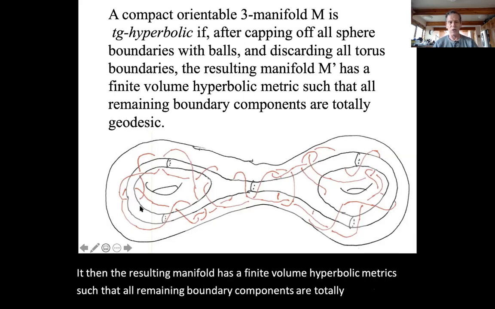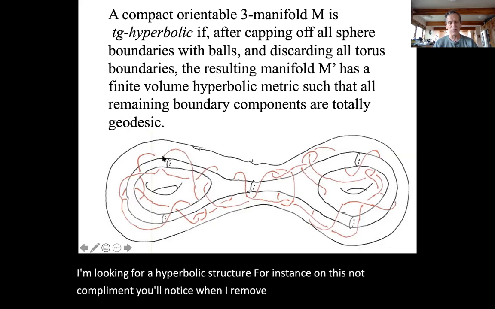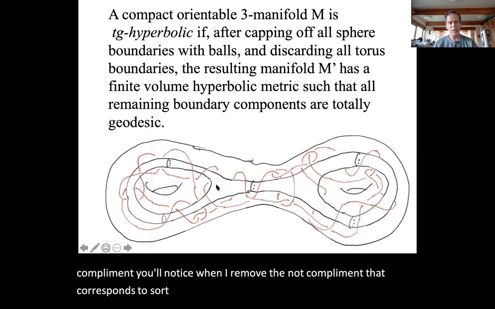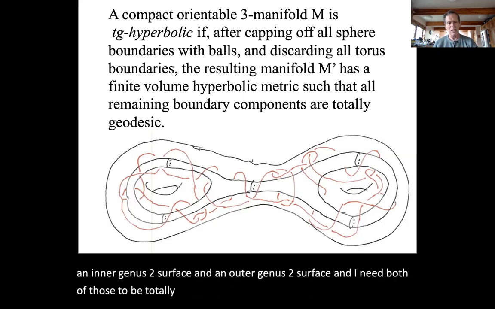So I'm looking for a hyperbolic structure, for instance, on this knot complement. You'll notice when I remove the knot, that corresponds to shaving off a torus boundary. And then I've got an inner genus 2 surface and an outer genus 2 surface. And I need both of those to be totally geodesic to inherit a unique structure on the corresponding link complement.